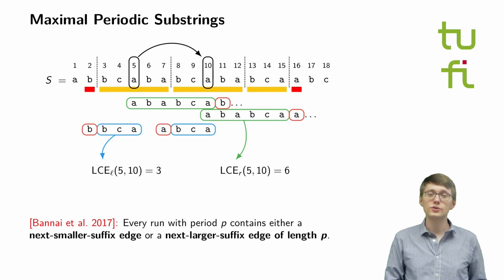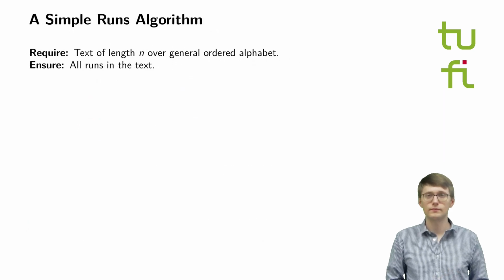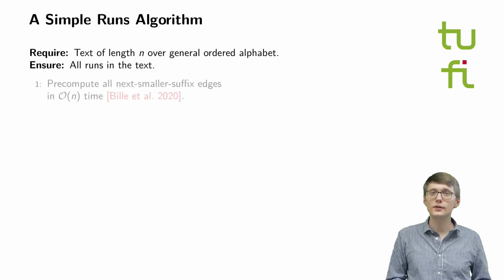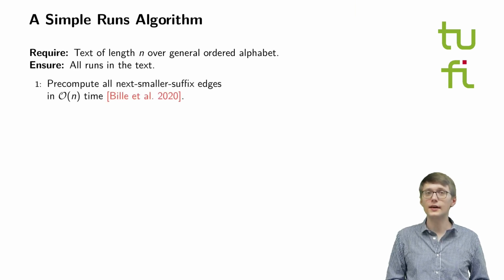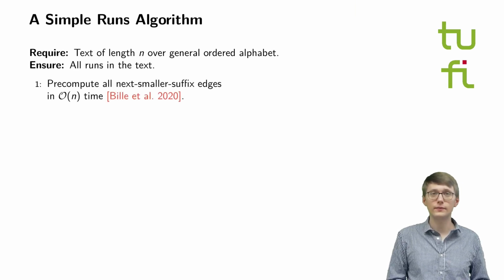Of course, we cannot actually afford to compute all of the LCEs by naively scanning in the text. I will show a much more efficient way in a minute. But before, I want to show you a simple runs algorithm that is based on the computation of these LCEs. We start by pre-computing all of the next smaller suffix edges, which takes linear time even for general ordered alphabets.